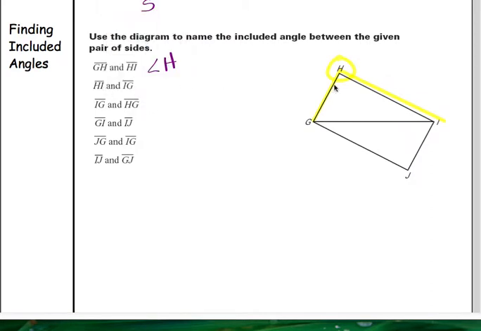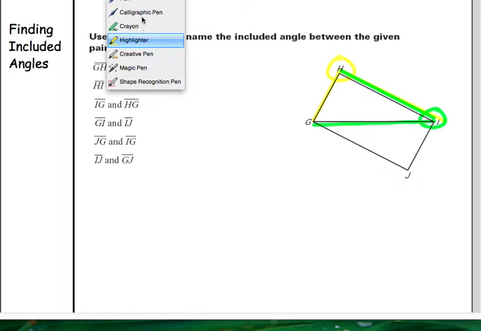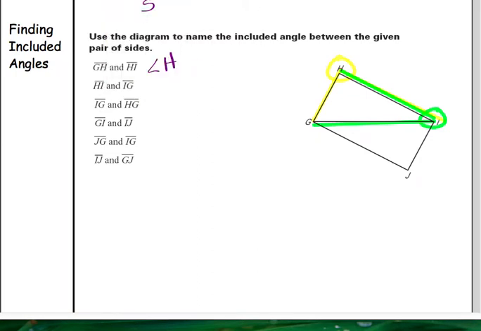The next set, HI and IG. That surrounds this angle here at I, but it's not the only angle there at I, so I cannot just call it angle I. So what I'm going to have to do is make sure that I is in the middle and surround it with these letters.